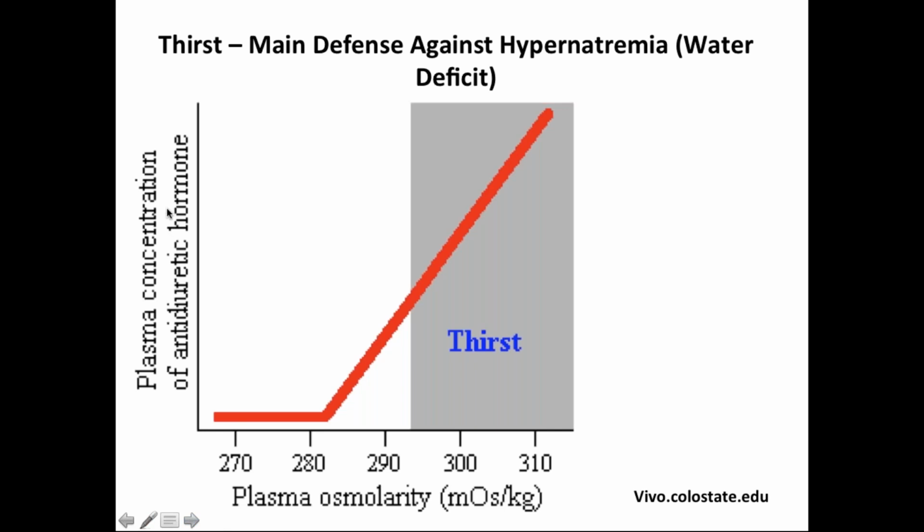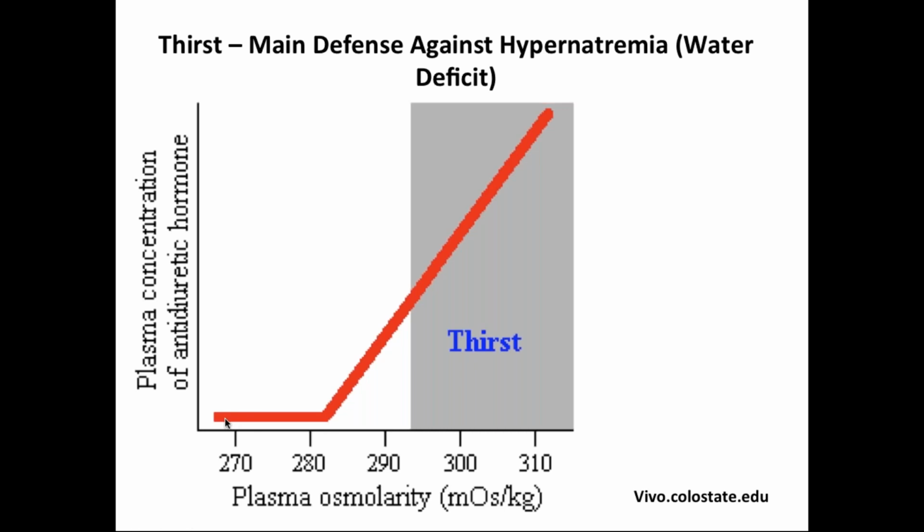So coming back to our defense against hypernatremia. On the y-axis is the concentration of ADH, and on the x-axis is the plasma osmolarity. The red line is what happens to the ADH. If the osmolarity is below 280, ADH is completely shut off or suppressed.